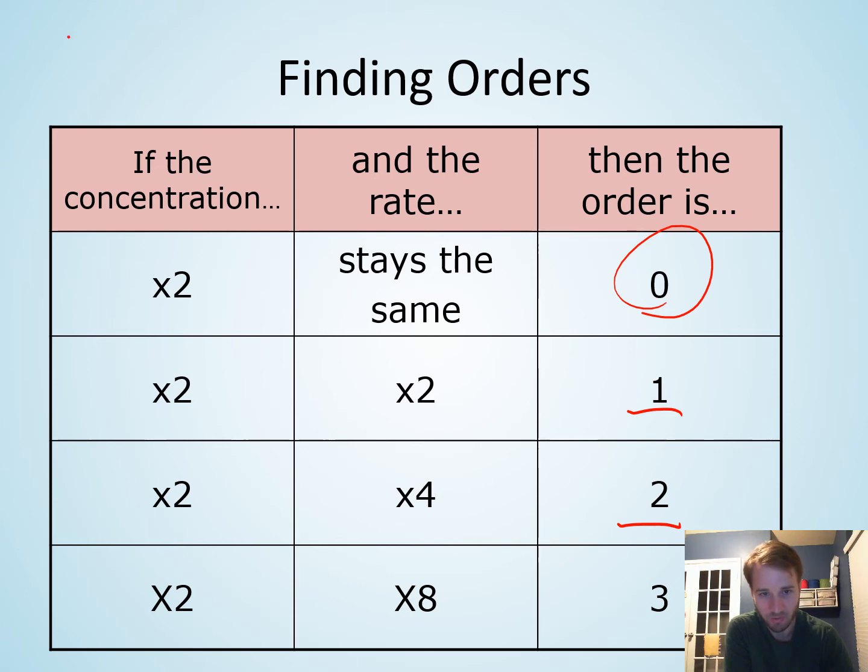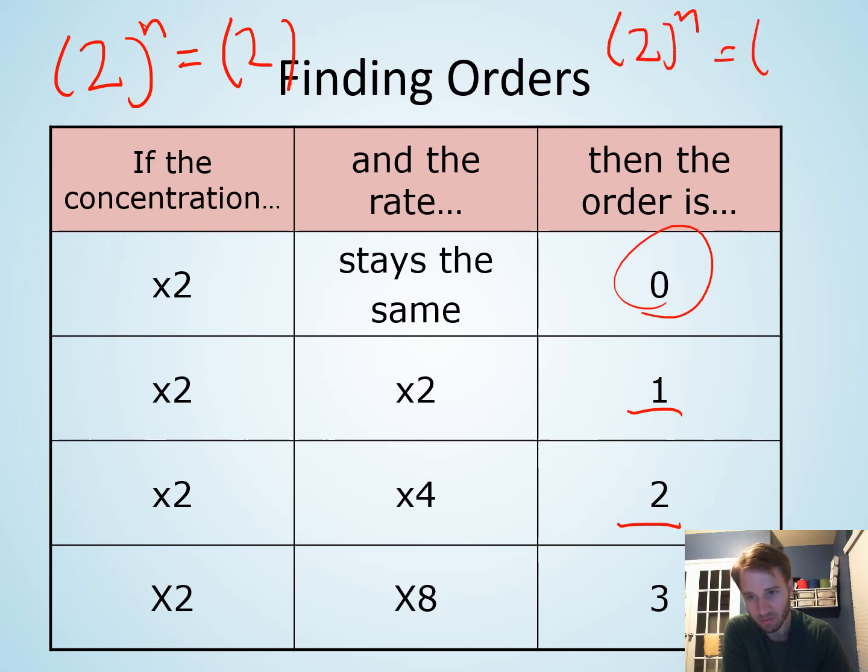And that's because what you're doing is comparing: the concentration is doubled, and that's being raised to some power, and that equals the rate. And if the rate has doubled, then this power here has to equal 1. But let's say I have 2 to some power equals 4; well, I know then this power here has to be 2, because 2 squared gives me 4, okay?